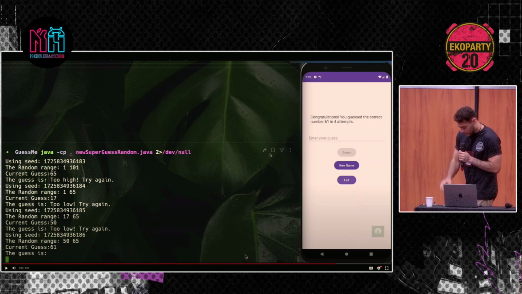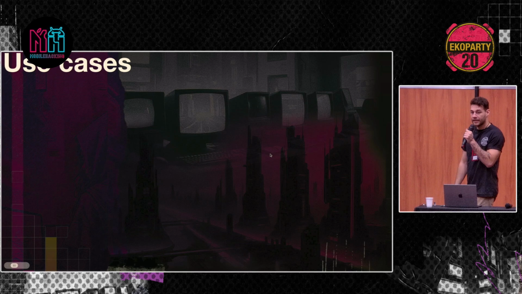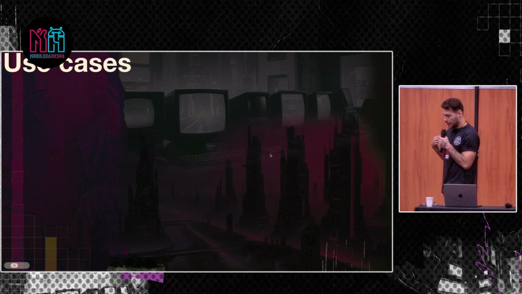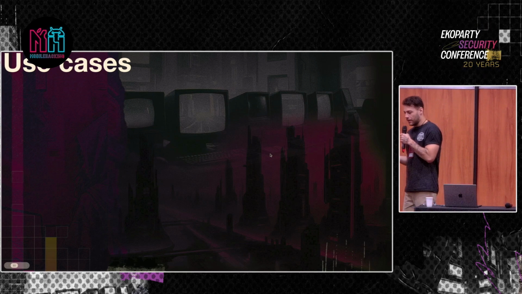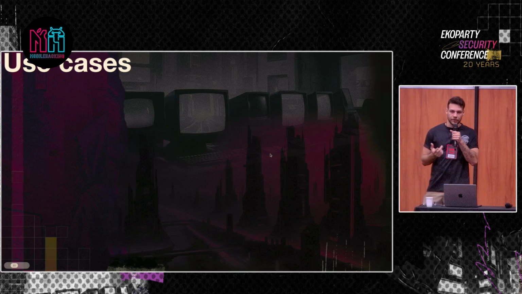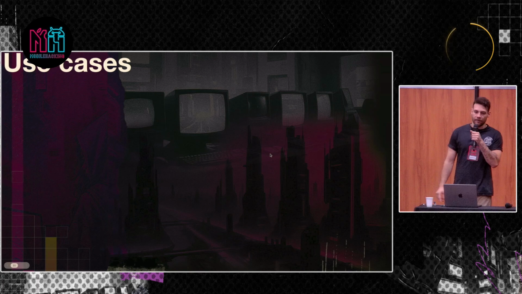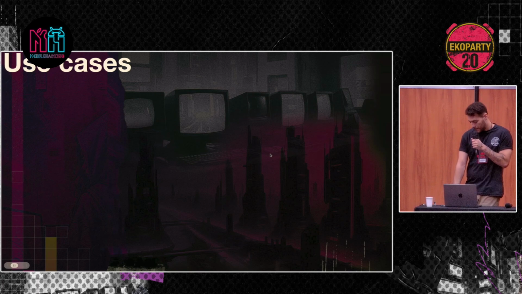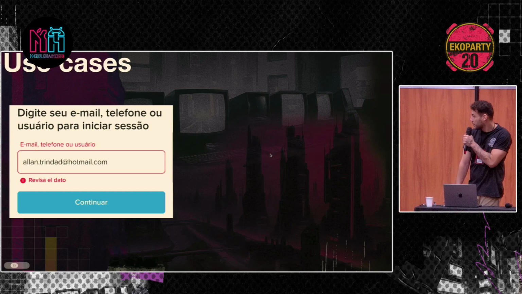Okay, all right. You are asking yourself, you are telling me that there is an insecure random, and we are showing this exploitation for a vulnerable application, a challenge, and how do I use this in real life in some use cases? I'll bring you some examples.